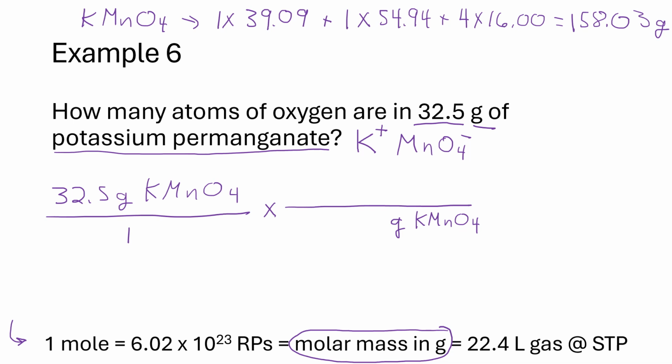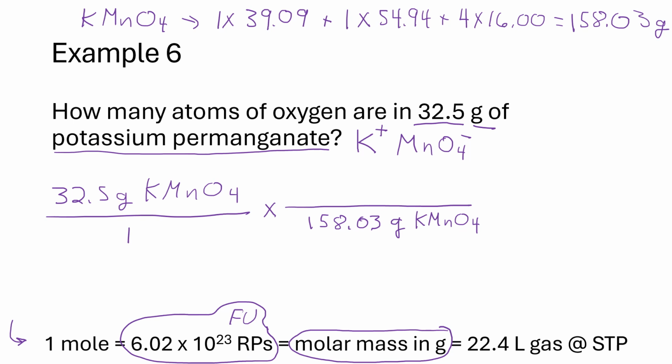So now that I have that molar mass, I can plug it into the bottom of our conversion. So I've got molar mass in grams in the top. I need one of these other things from the very bottom row to go in the top of my conversion factor. Since we're looking for atoms, we're going to go through formula units, right? Formula units first and then atoms, since we have to do that extra step.